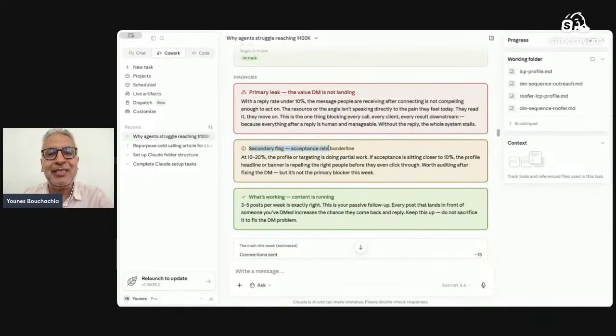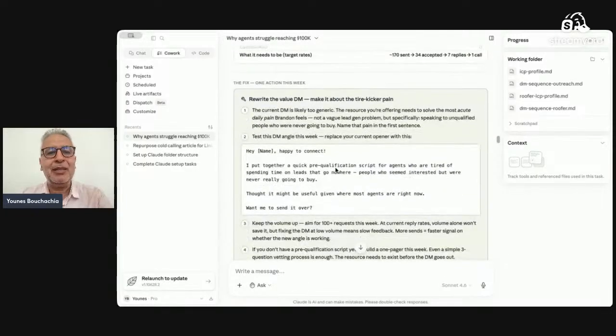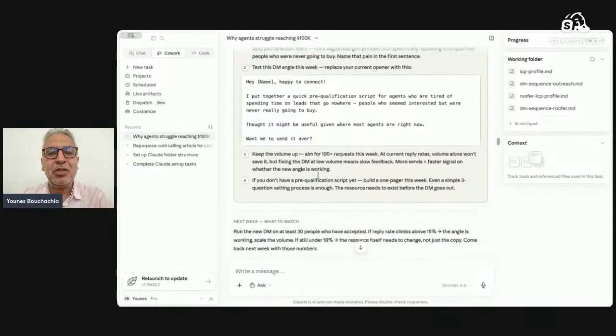The secondary flag, acceptance rate, is borderline. What's working? The content is running, so you are actually running the content. It rewrites the value DM for you and gives you another proposition you can use.